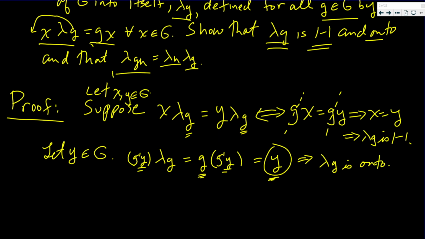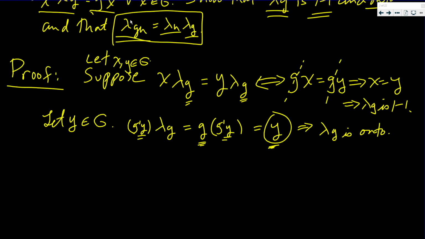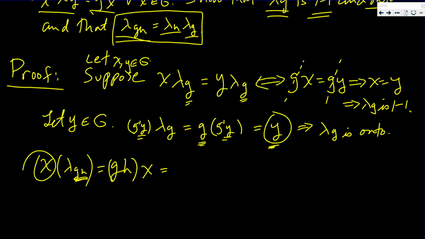Now let's go on to show the last part of this proof. Let x be in the group G, and let's see what lambda gh does to this. Well, like always, it multiplies on the left of x, in this case by gh. So it is gh times x.